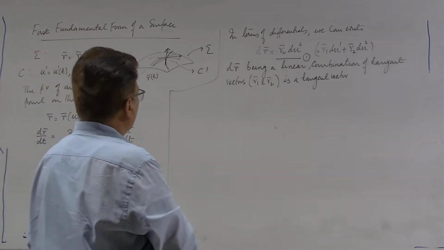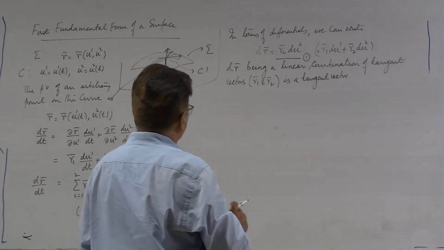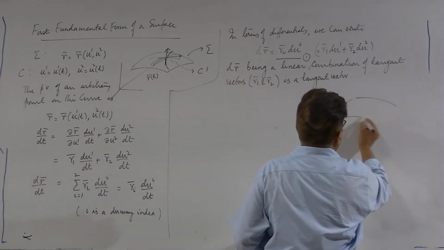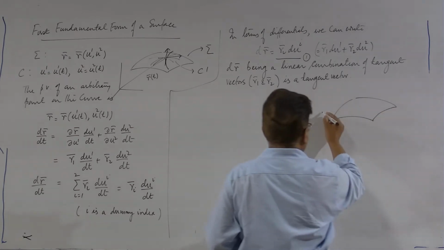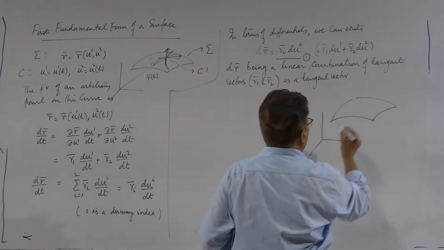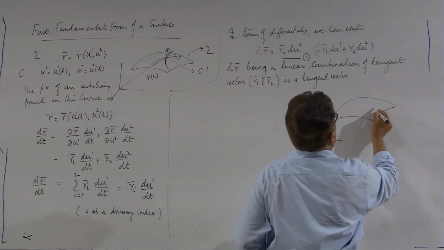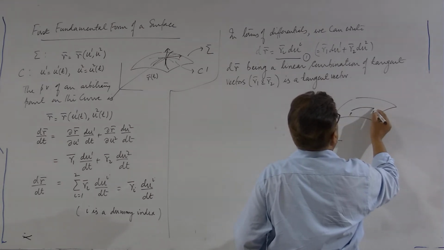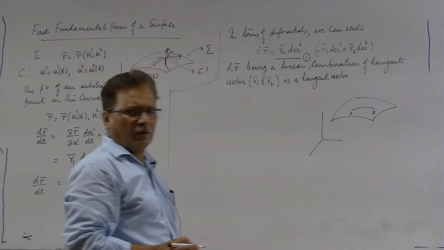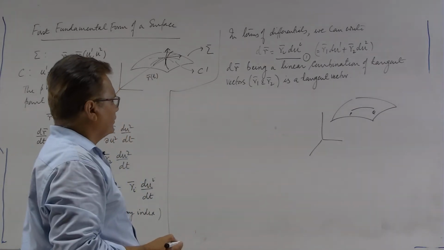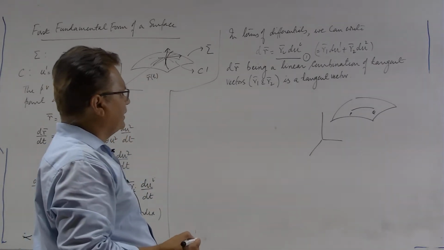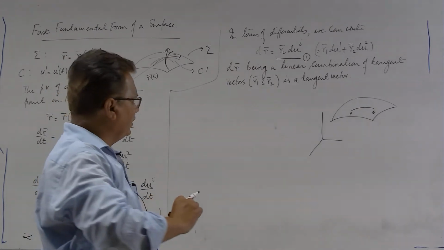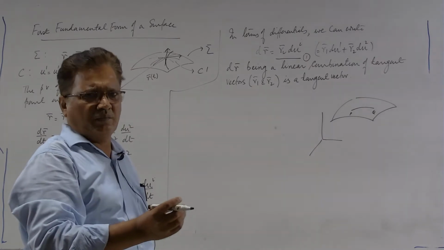Now the next problem is how to move on a surface. As I told you earlier, when you want to go from point P to point Q, you will be going along a certain curve. For some reason, I want to see what is the distance between P and Q. So we will compute the length of the arc PQ.